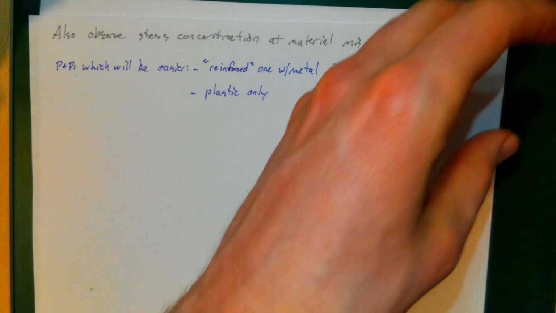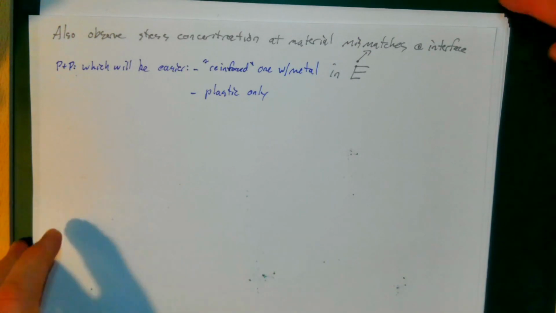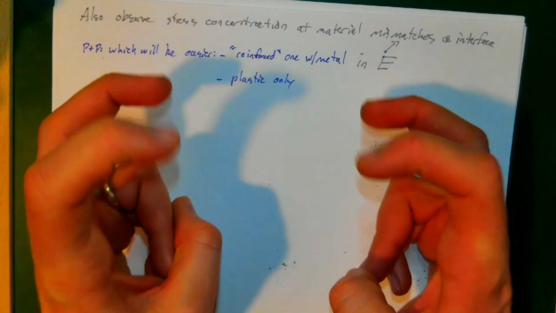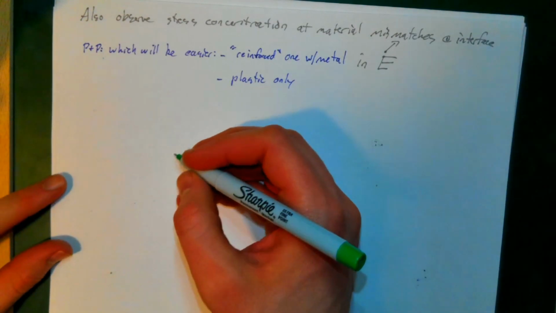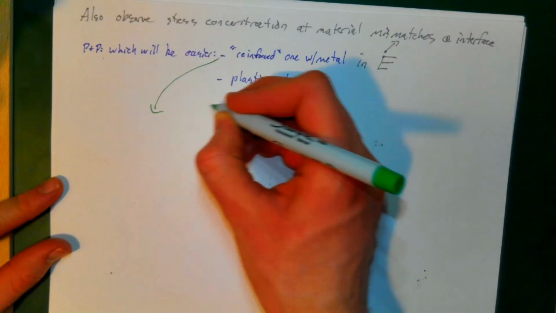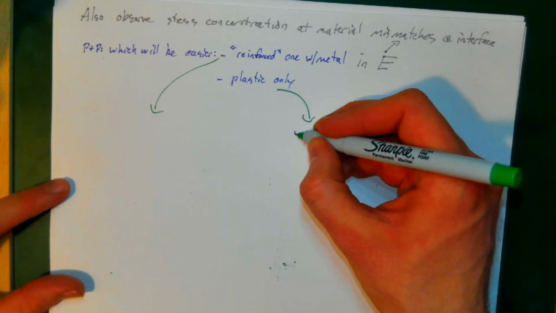So what's going on there? Well, let's take a look. I know we can't see stress with human eyes, but we can make a prediction of what's going to happen. So for our reinforced one and our plastic only one, let's look at them.